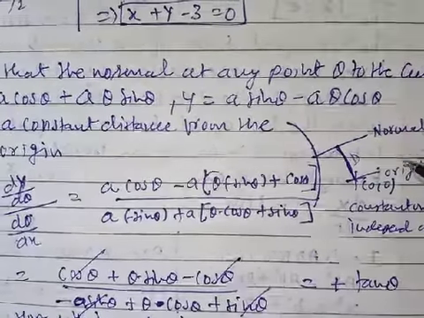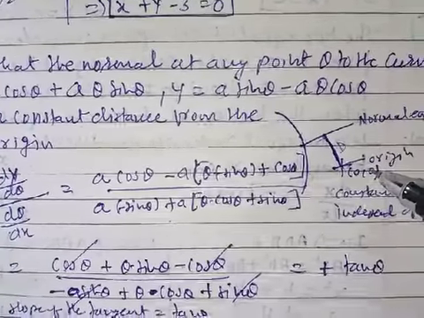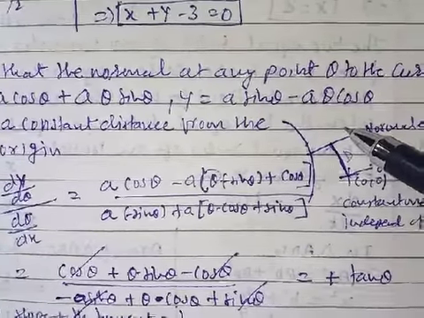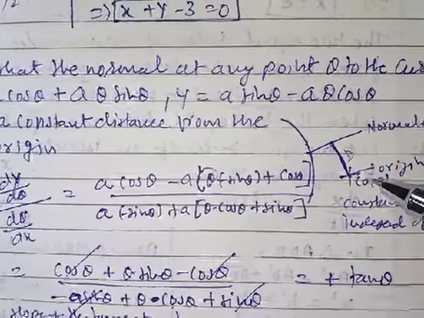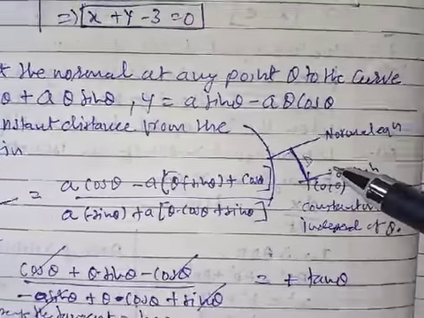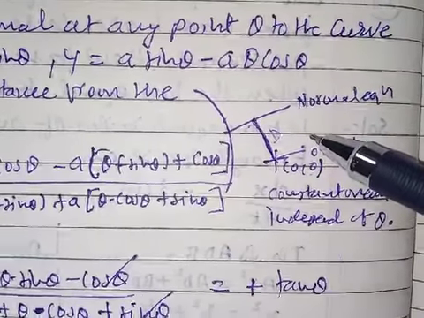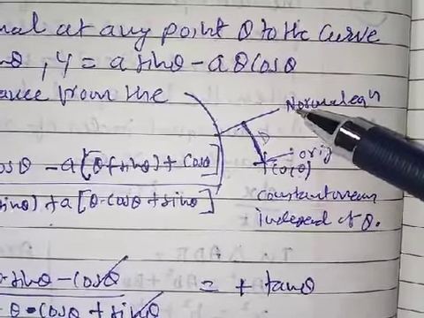We know that once we get this equation, and this point is given, the perpendicular distance from the point (x1, y1) to the line is given as mod of a x1 plus b y1 plus c upon root of a square plus b square. That is the formula.